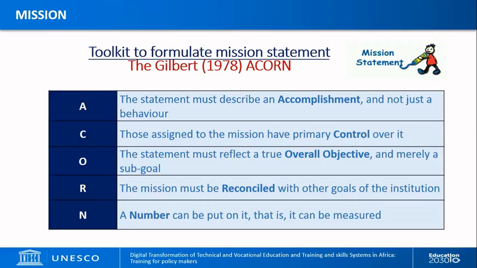O stands for overall objective, which means the statement must reflect a true overall objective and not merely a sub-goal. R means reconcile. The mission must be reconciled with other goals of the institution. And N, number. A number can be put on it, that is, it should be measurable.